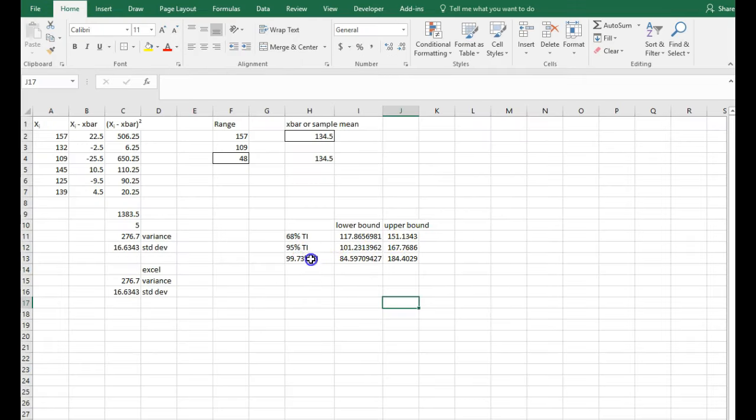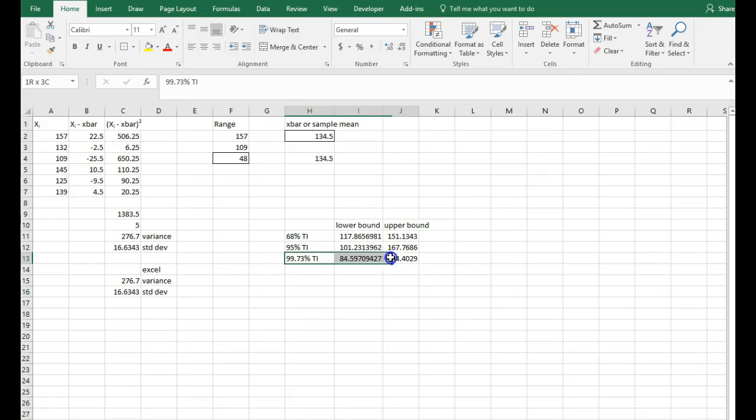$190 is above the upper bound of the 99.73% tolerance interval. Remember what I said when we were talking about the empirical rule and outliers. As a general rule of thumb, you can consider something an outlier if it's above or below 3 standard deviations about the mean.